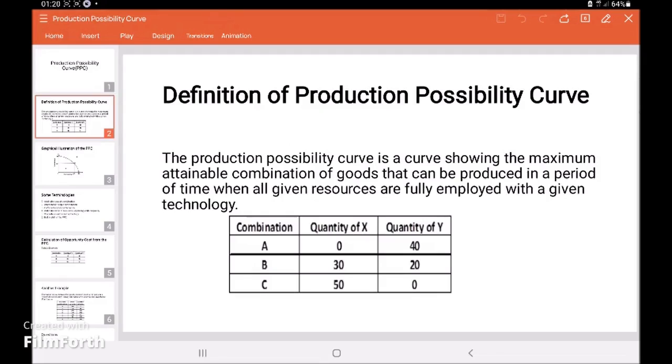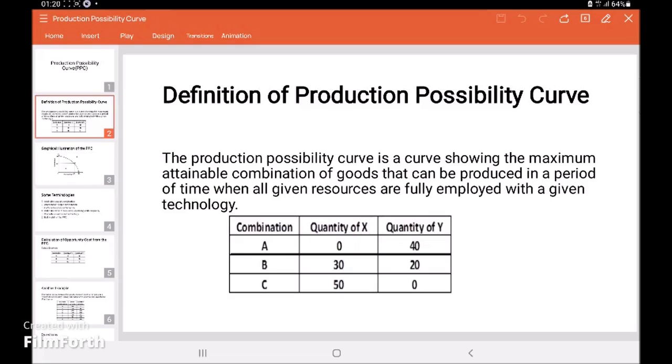Now, the production possibility curve is a curve showing the maximum attainable combination of goods that can be produced by an economy or a country in a period of time when all given resources are fully employed with a given technology.